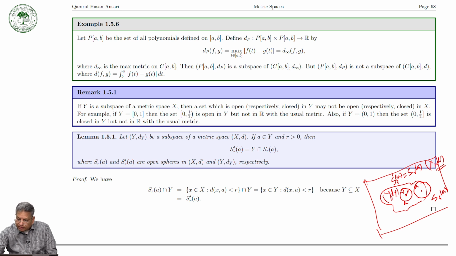So you take the intersection with Y. You take this portion only, and you exclude this one.